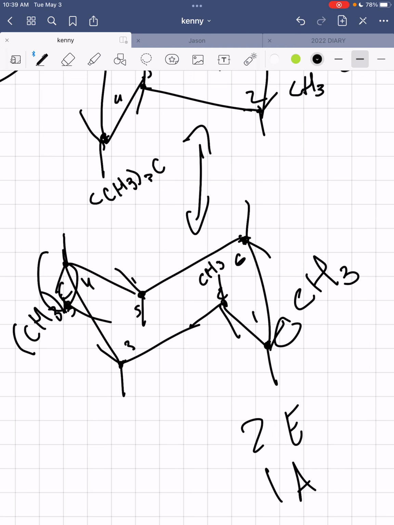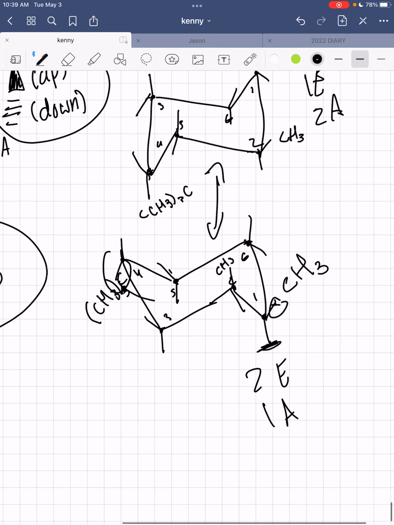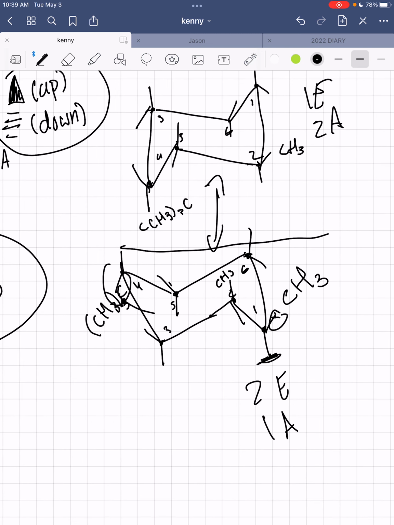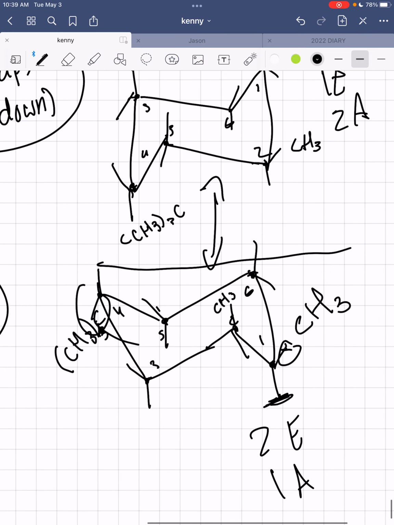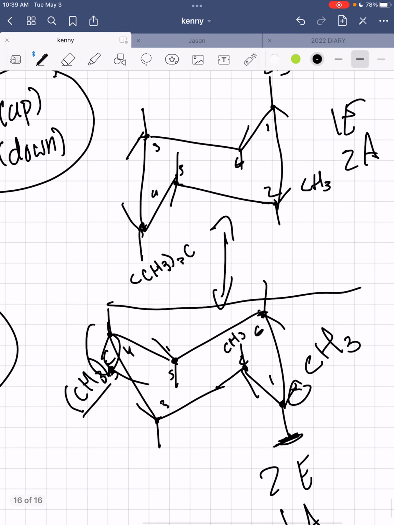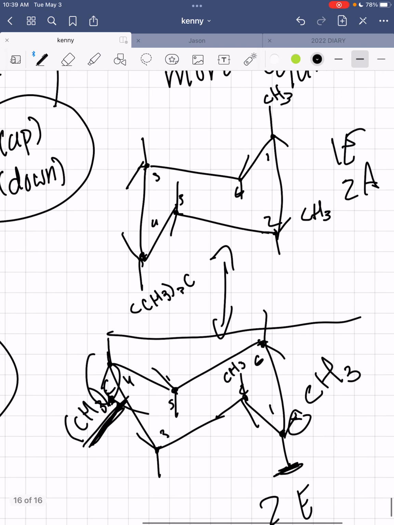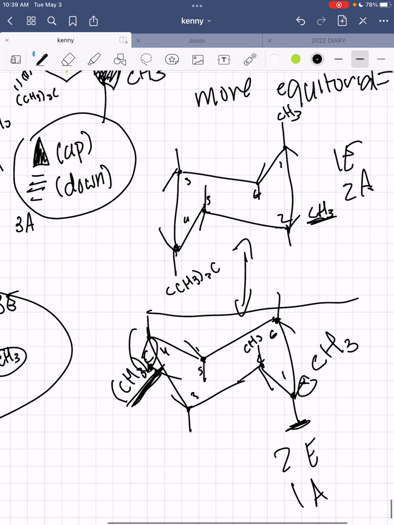Even if this one turned out to be on an axial one, the bottom one would probably still be more stable. This is what I was talking about earlier, but since this is a larger substituent, you want this one to be on the equatorial instead of a smaller one in order for it to be more stable. So even if this one was on an axial, the bottom one would probably be more stable.